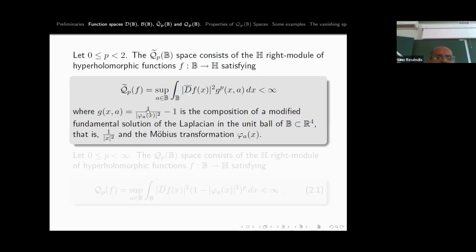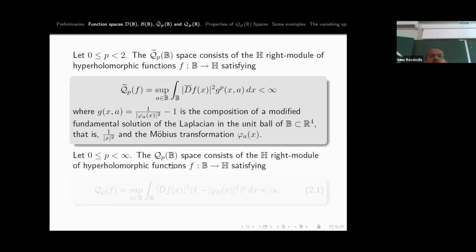Well, and p is between 0 and 2 because we want to integrate the weight. If we put 1 here, then the integration of the weight should be finite. By this reason, p is only between 0 and 2.